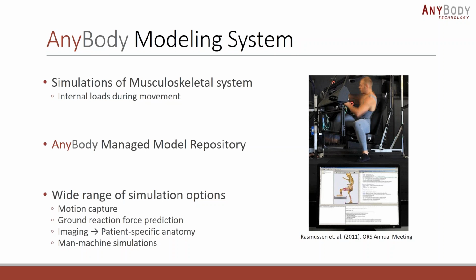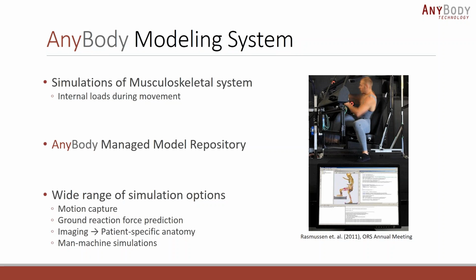There are a wide range of options for you to specify movement in your simulation, and this could be using motion capture data, or in cases where you cannot measure or you lack the experimental hardware to measure the reaction forces, there are also algorithms for predicting these reaction forces. And of course, there is the use of imaging to determine patient-specific anatomy, so to tailor your model to a specific patient.